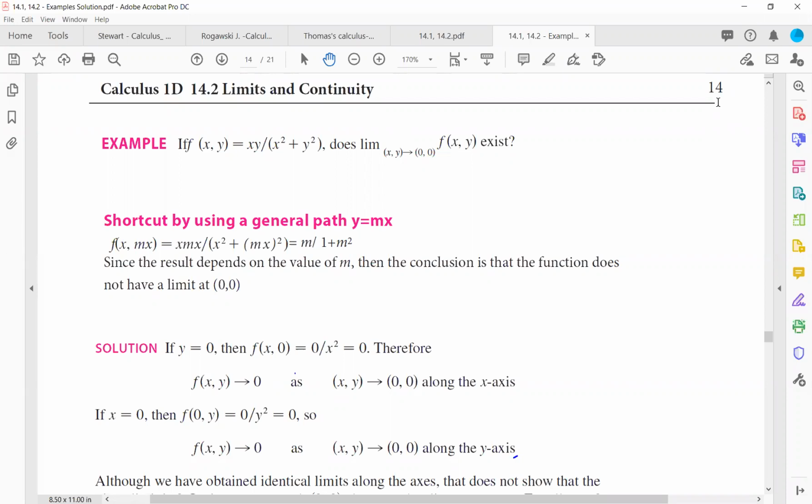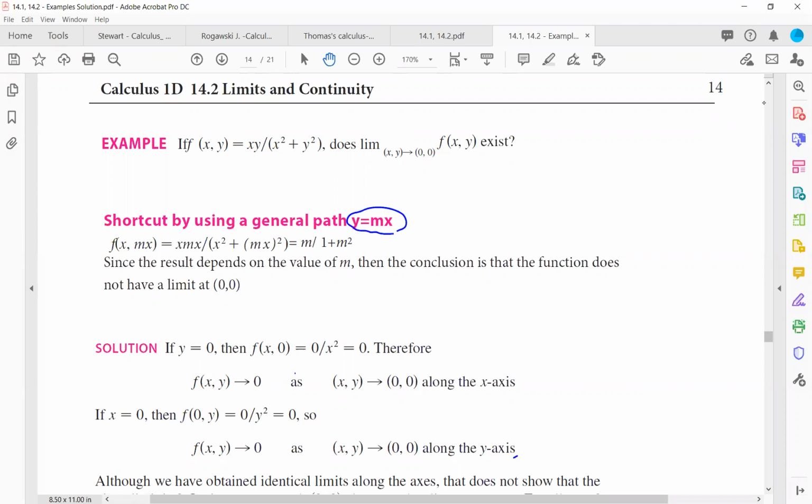Let us use path y equals mx. It means that wherever I see y, I write down mx, and the numerator becomes x times mx, divided by x squared plus mx squared. If you simplify this expression, you get m divided by 1 plus m squared.